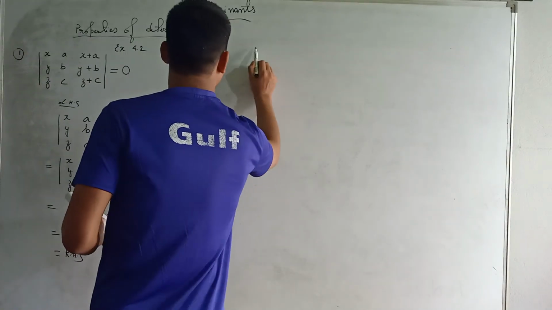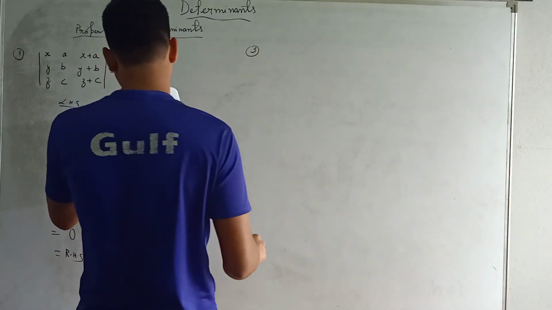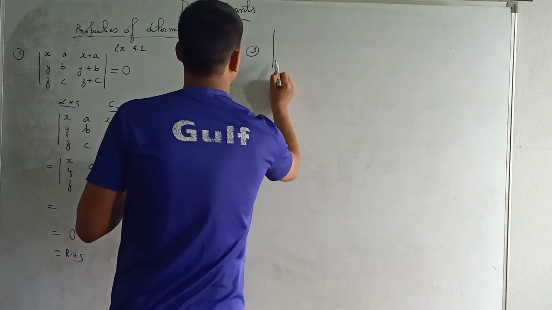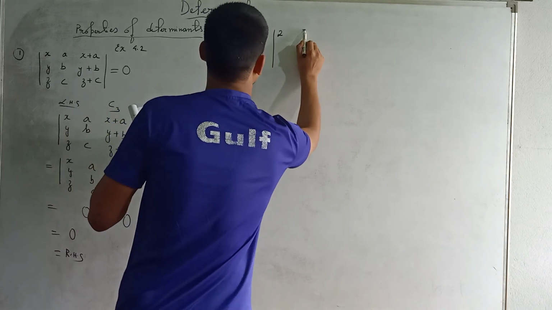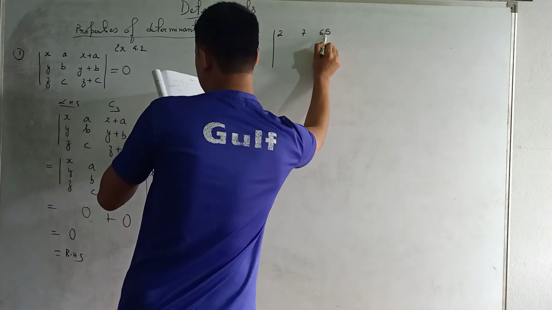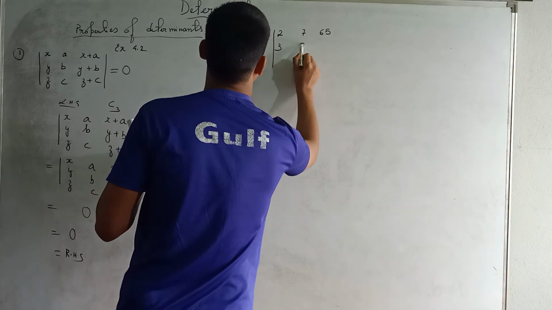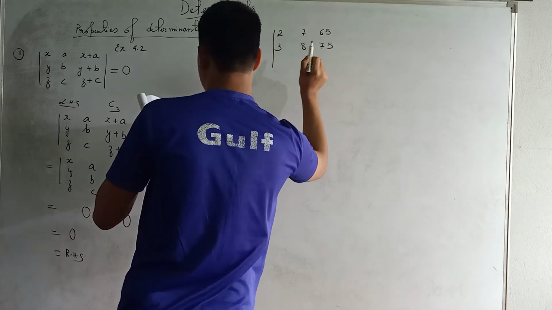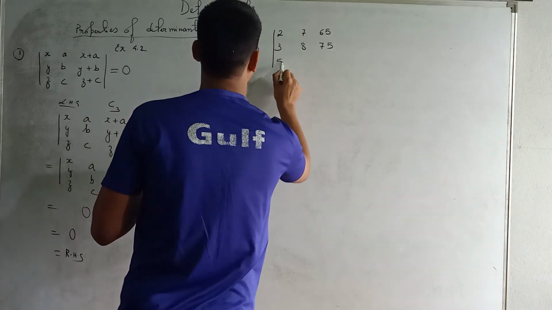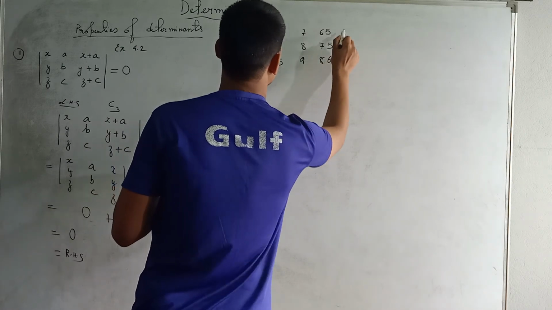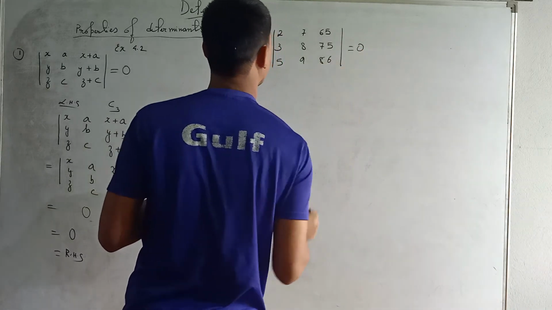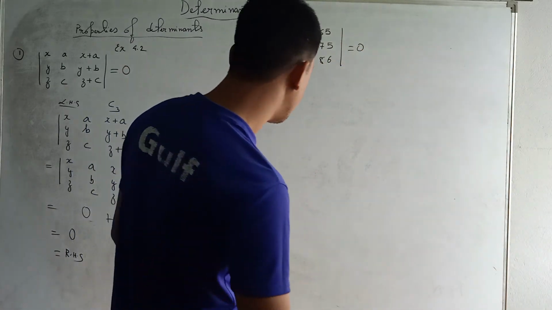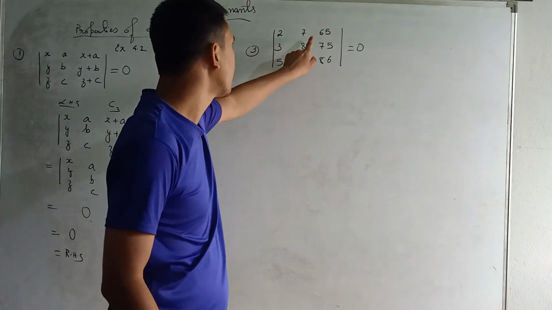Number 3. We want to show that the determinant 2, 7, 65; 3, 8, 75; 5, 9, 86 is equal to 0. Here we can use logical sense.